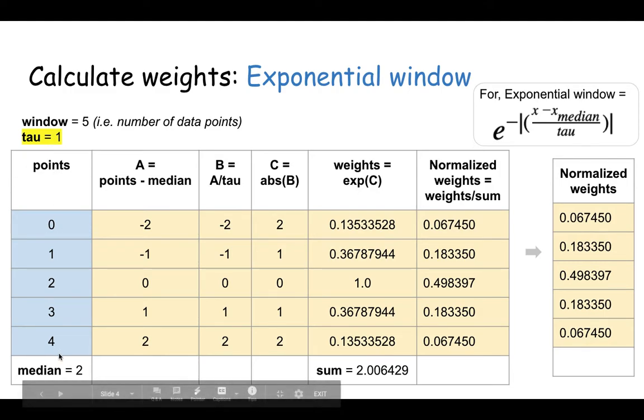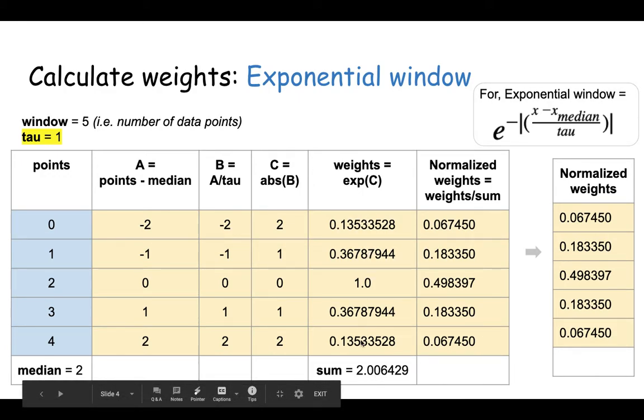We have points 0 through 4, we have median 2 for that, and we use that to center those points and then divide by 1, which is the value of tau, get the absolute value of that, which removes the negative sign, and then exponentiate each of those values and add them all up.